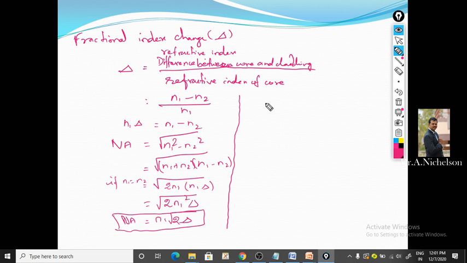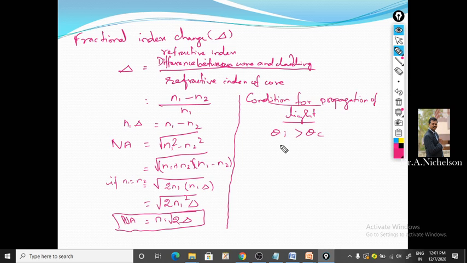In addition, the condition for propagation of light. The condition is that theta I should be greater than theta C. The angle of incidence should be greater than the critical angle.